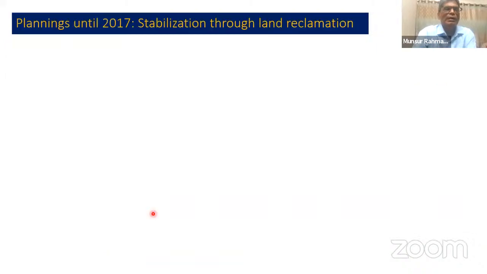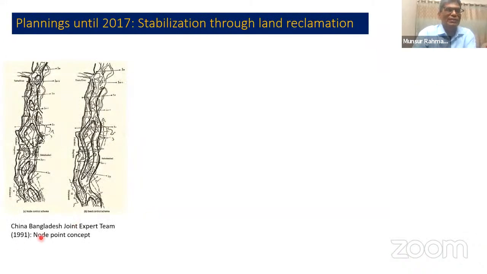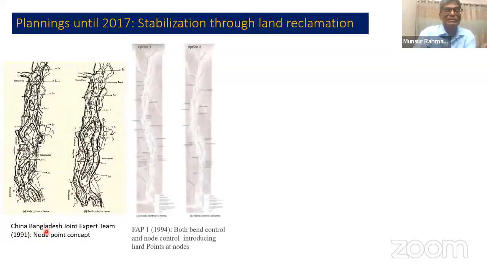So if we look at the planning documents so far, in 1991, we had the concept of node and bend control, not management, especially it's a kind of control structure. It was jointly developed by a team of experts from China and Bangladesh.